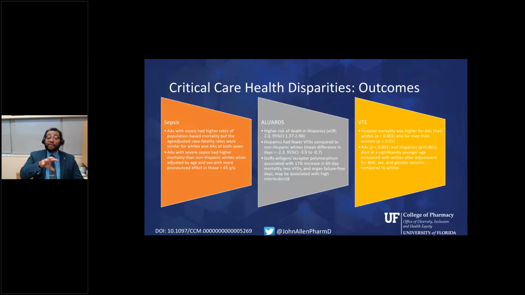So actually, when you look at outcomes, particularly in the setting of sepsis, it's a mixed bag. Some studies show worsened outcomes for African Americans. Others don't show that, or actually even show white patients having worse outcomes. It remains unclear why that's the case, but that's been observed in some of the literature.